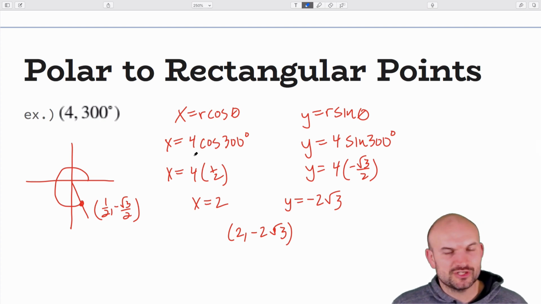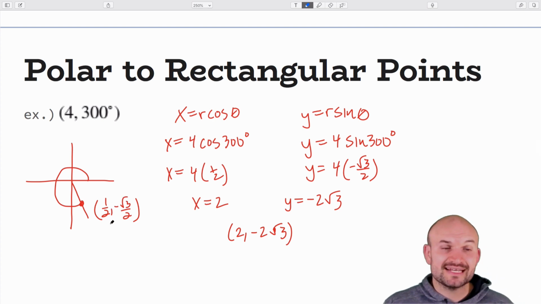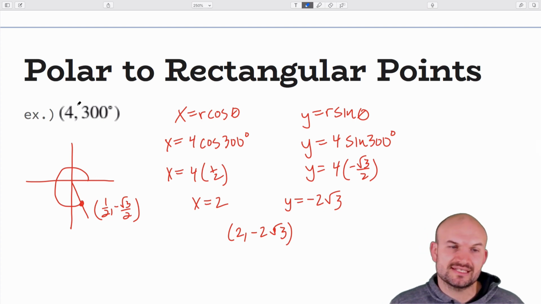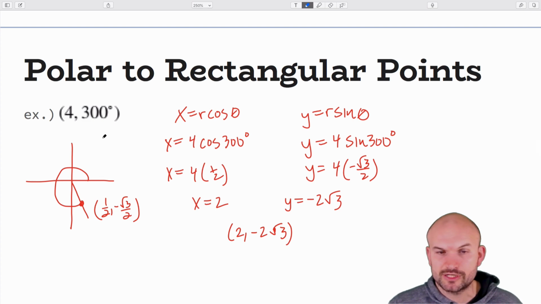And again, you should be able to evaluate these hopefully without using a calculator anyways, because we have the unit circle. Now, the nice thing about this too is we can also verify what our answer is going to be. So in this case, we have the polar coordinate 4, 300 degrees.